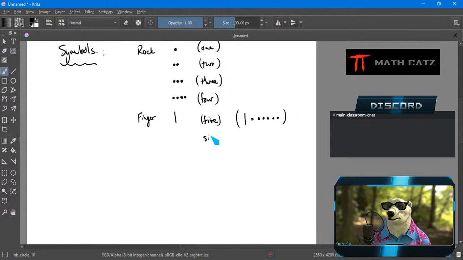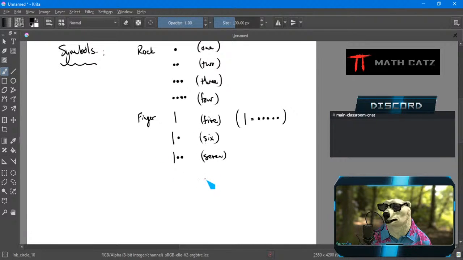Then if I want to represent 6, I'll have a finger and a rock. 7, I'll have a finger and 2 rocks. And it's very similar, just list all the things under the requirement that I can't have 5 of the same thing. So now I can go quite far.